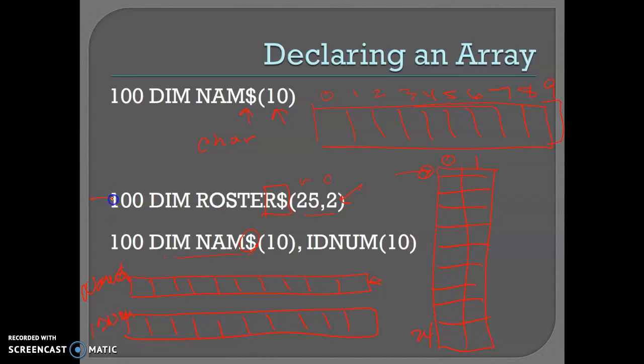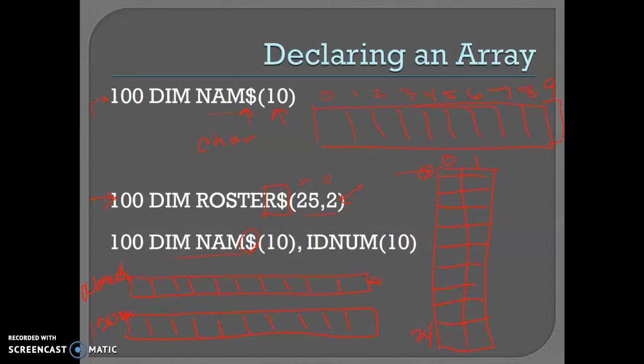A dim statement, you can only execute once for an array of a specific name. So I can't use a goto and go back to line 100 and have it redefine this line.